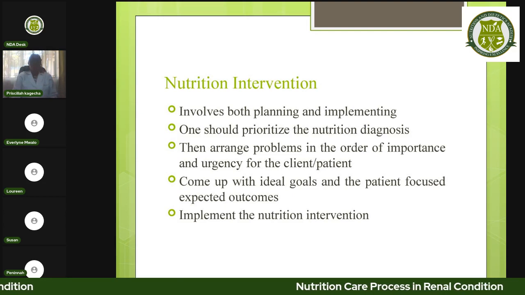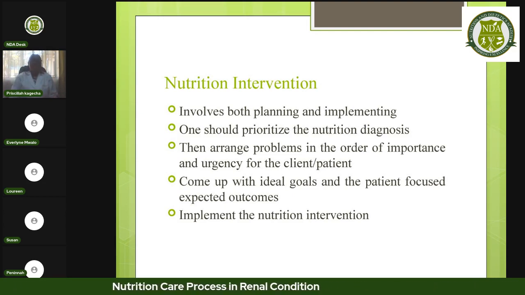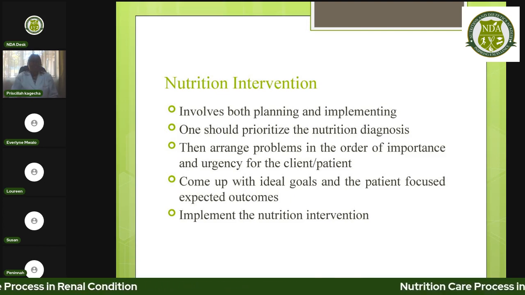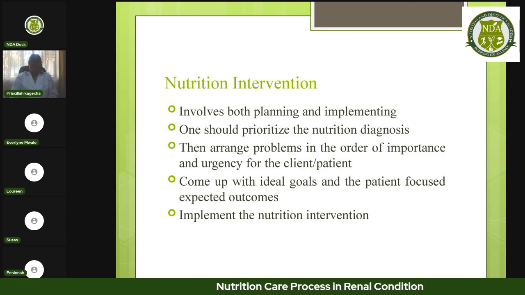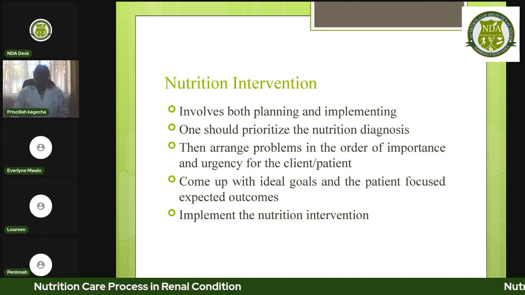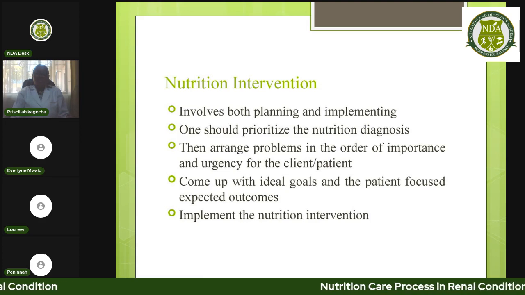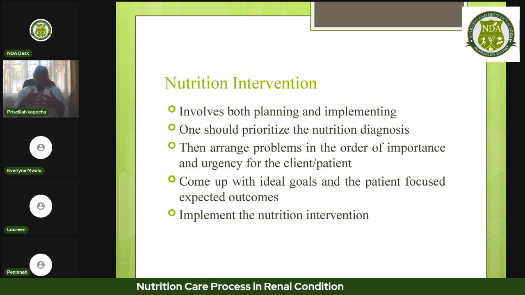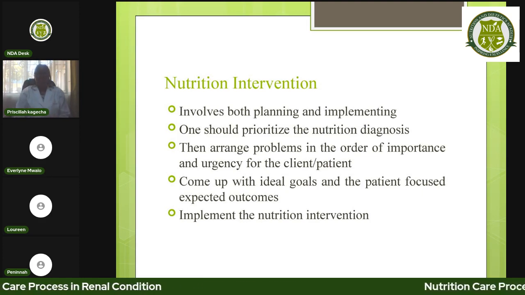So for me, what I'll start with is hyperkalemia, because hyperkalemia can kill the patient immediately if they are not attended to. So you address hyperkalemia, and then you can go in order of priority. Then you can maybe address fluid overload, then uremia. So you should prioritize your nutrition diagnosis in your intervention.